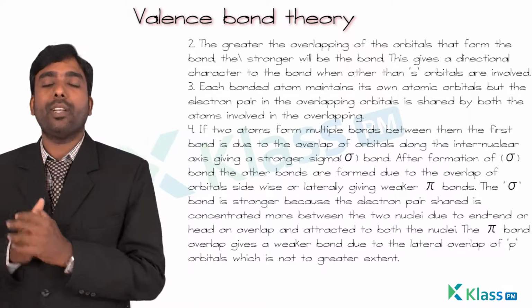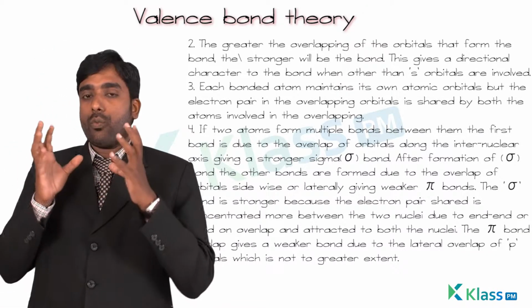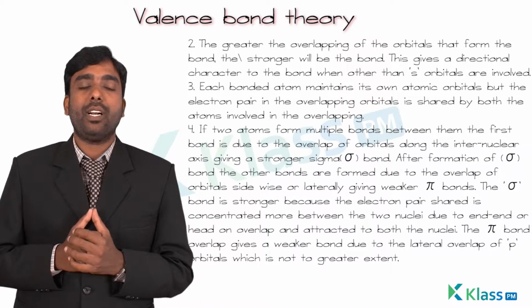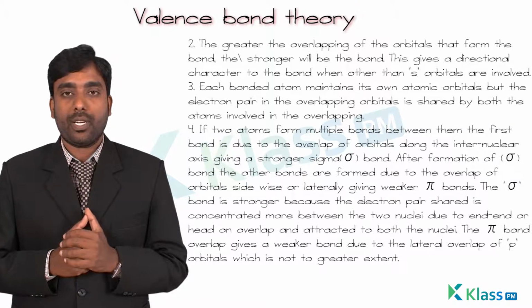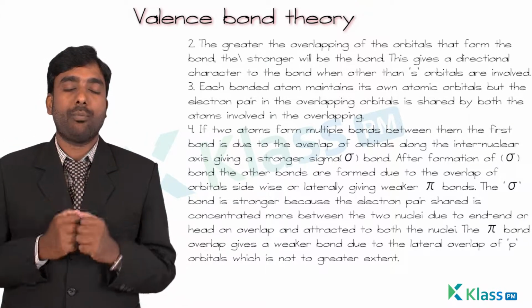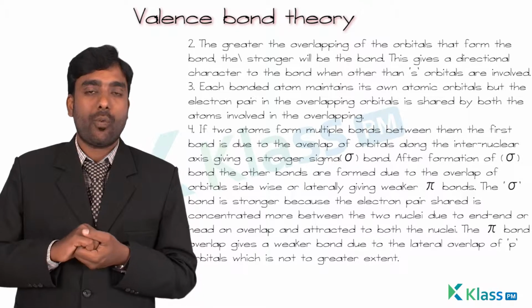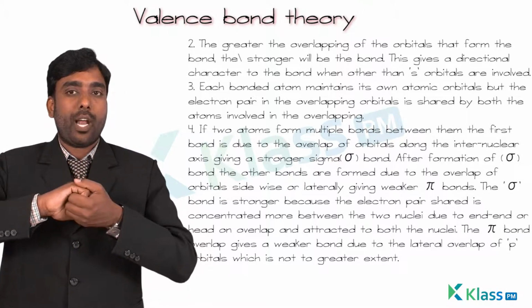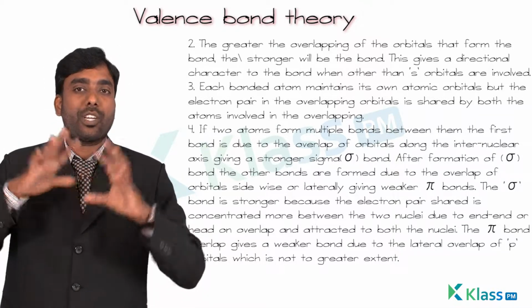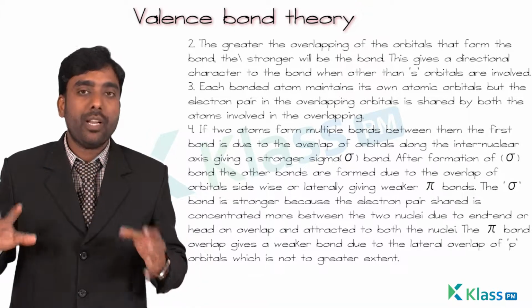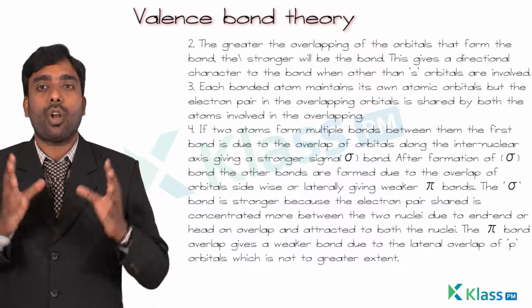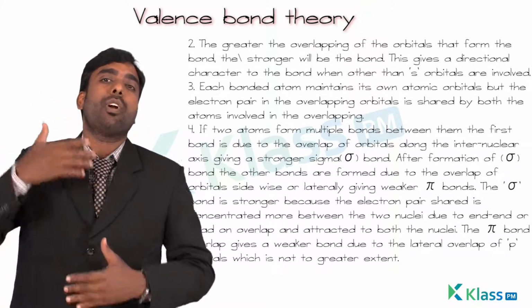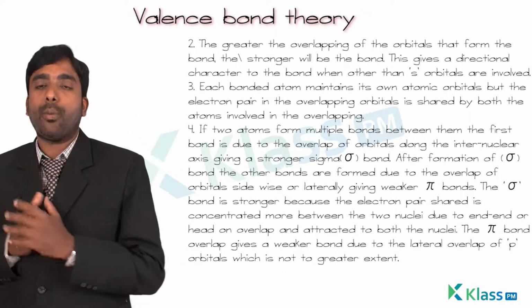That's why the pi bond is a weaker bond. And one more point we need to remember is that a pi bond is always formed after the sigma bond, because whenever two orbitals come to each other and try to overlap, first the end-to-end overlap is done, and then only is there a chance for the sidewise overlap. That's why the first bond is always a sigma bond, and only after sigma bond formation will a pi bond be formed.